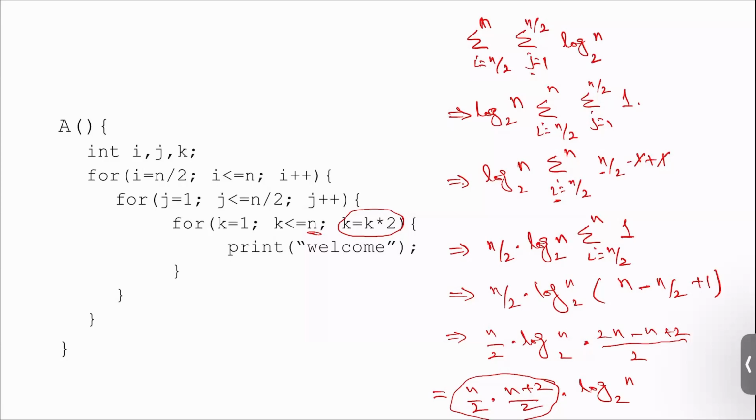I only need the higher order polynomial term while I'm writing it in terms of big O. So I can say that this algorithm behaves in big O of n square log n base 2, right? You cannot ignore log n at this point, because log n is associated with this one, and this falls in the cubic logarithmic class of the algorithms, right? This is how we are going to compute the algorithms.